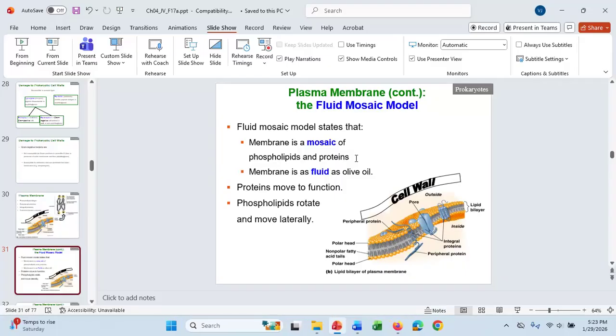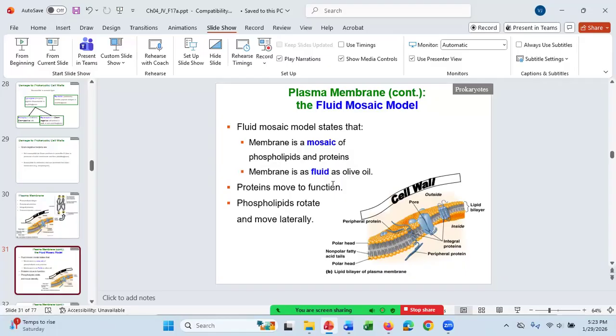Obviously, we have the skin too, but that is dead cells. But my point is the animal cells are held together by something as fluid as olive oil. The cell membrane is as fluid as olive oil. This means that many, not all, but many of the proteins are free to move about in the cell membrane.